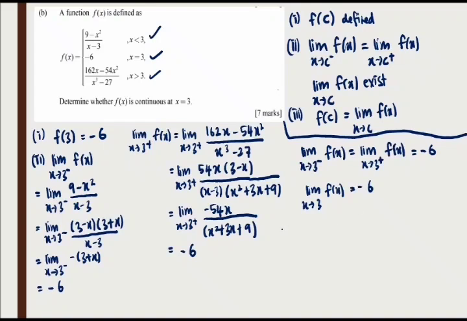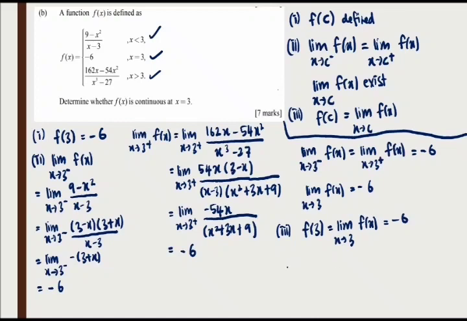For the third condition, we can already check that f of 3 is equal to the limit of x approaching 3 of f(x), and that is equal to negative 6.